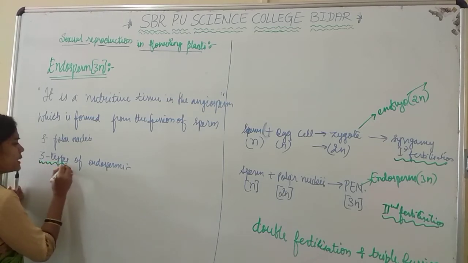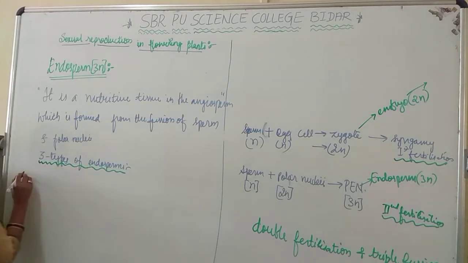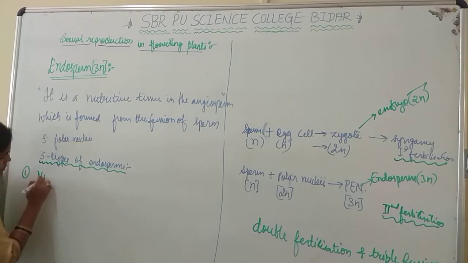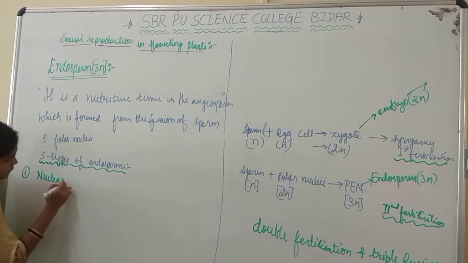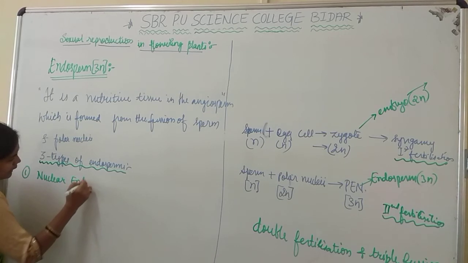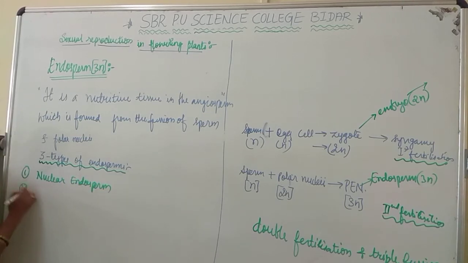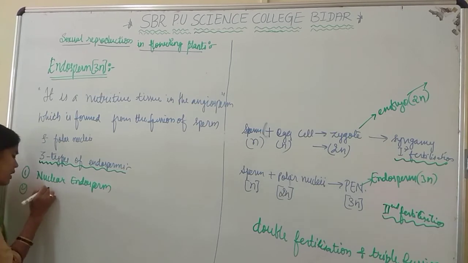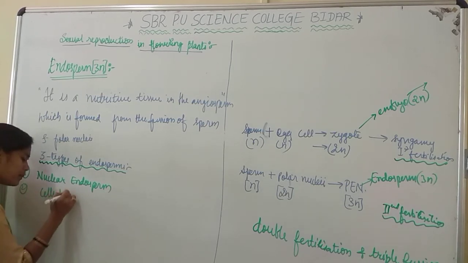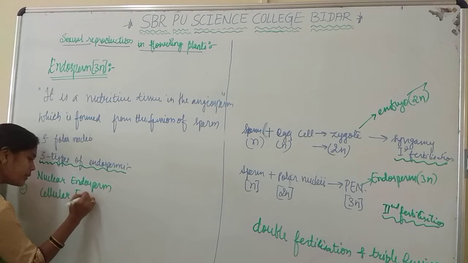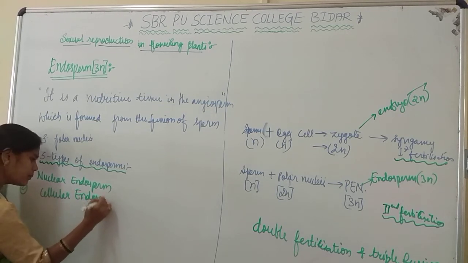Now, what are those 3 types? First, nuclear endosperm. Then second is cellular endosperm.